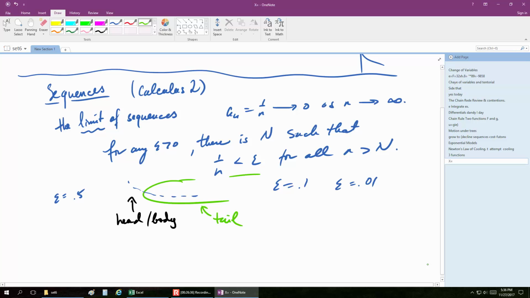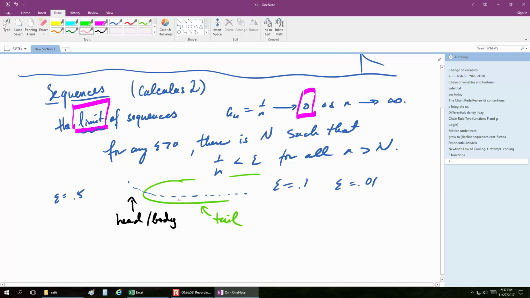Well, there is no end because it's infinite, so it keeps going. But if the wiggling disappears, then it becomes indistinguishable from the limit. This is the limit.